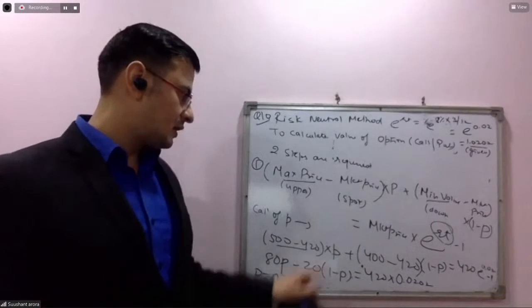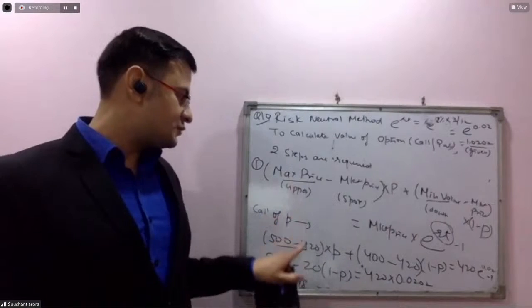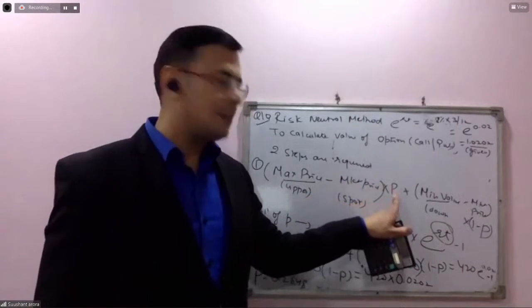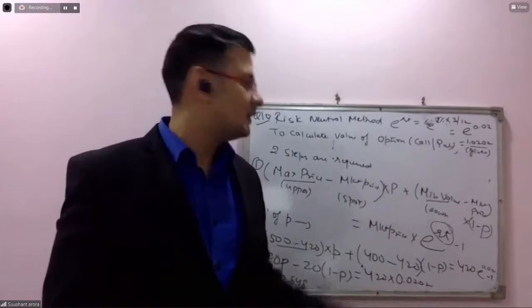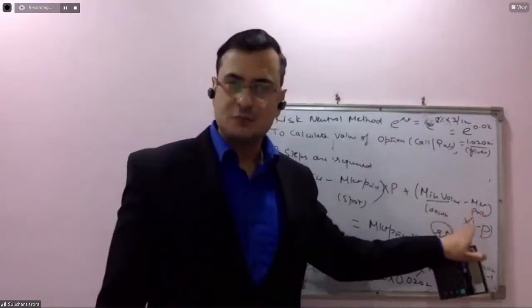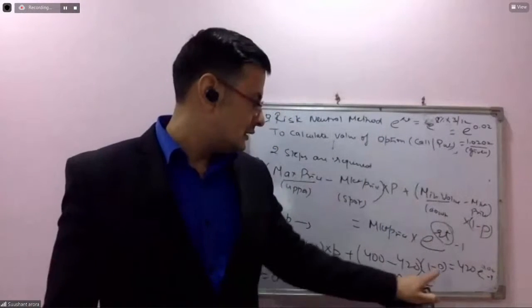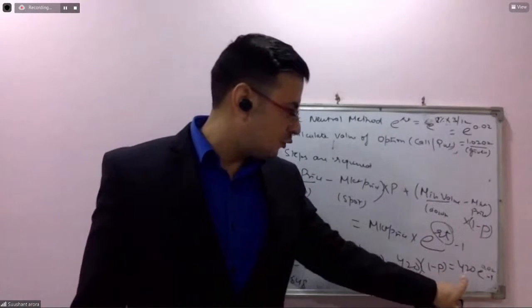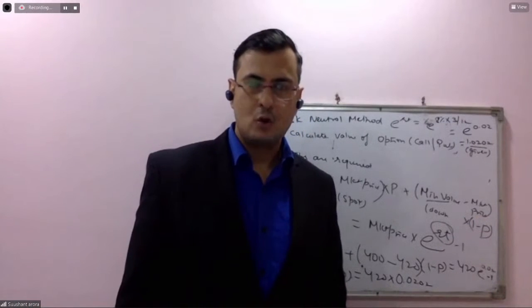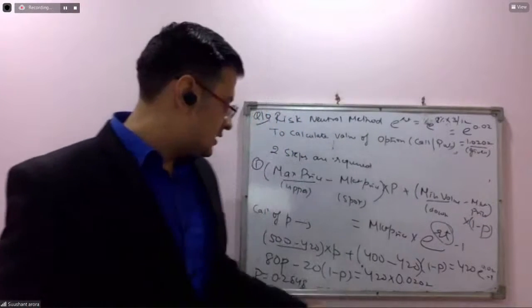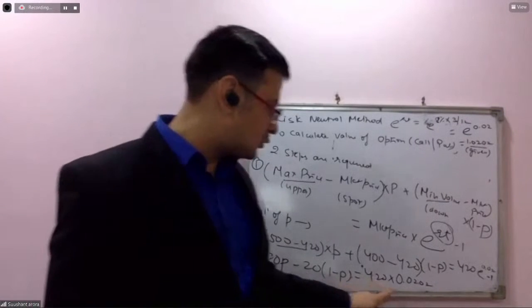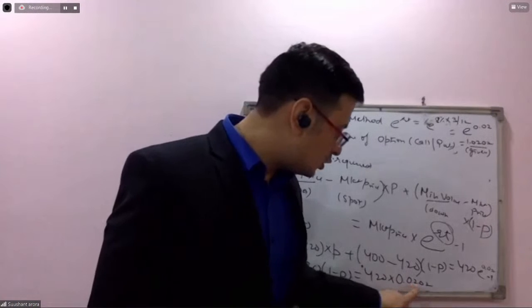Okay, clear? So how did I calculate that? The maximum price was 500 minus market price was 420, multiply by P, because P is what I have to calculate. Minimum price is 400 minus market price is 420 given to me, 1 minus P equals to 420 e^RT minus 1. Whole minus 1. Okay. So this comes to 80P minus 20(1 minus P) equals to 420 into 0.0202.